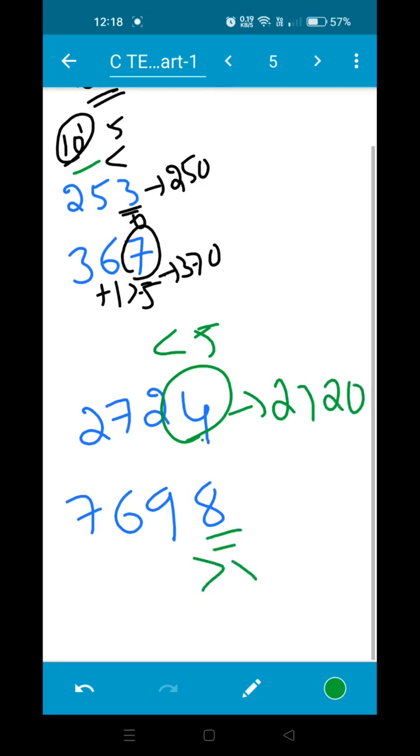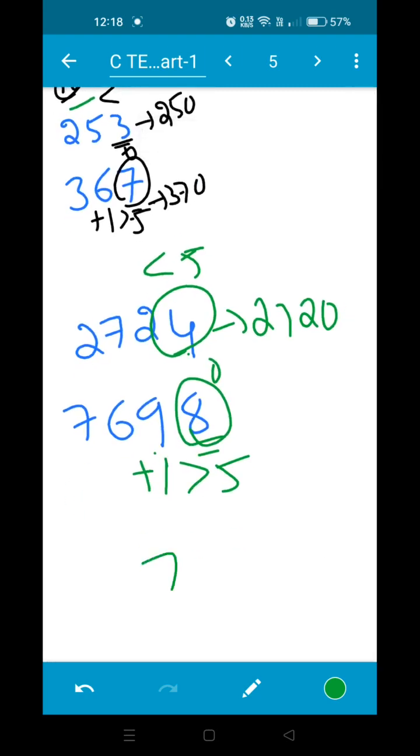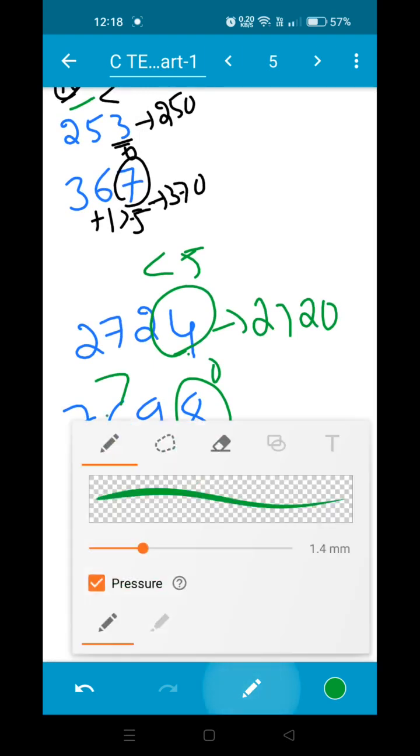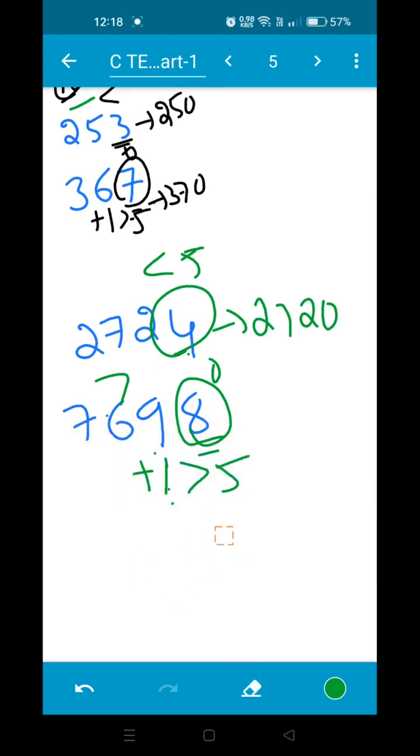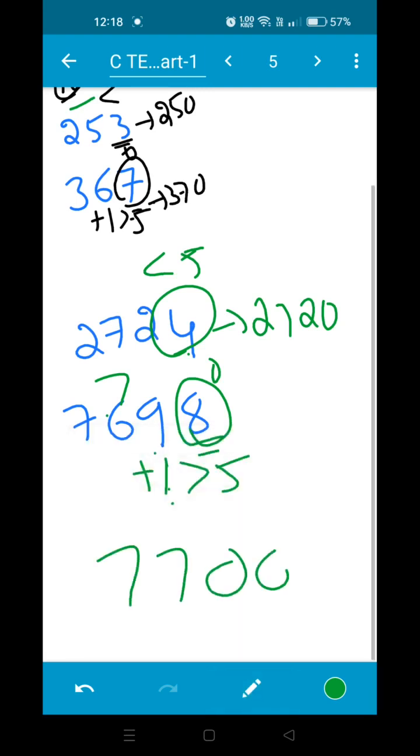If it is greater than 5, then for the before digit you add 1 and keep 0. Then the nearest 10 is 7700, since 98 plus 1 makes the 9 become 0 and 6 becomes 7, so we get 7700 only.